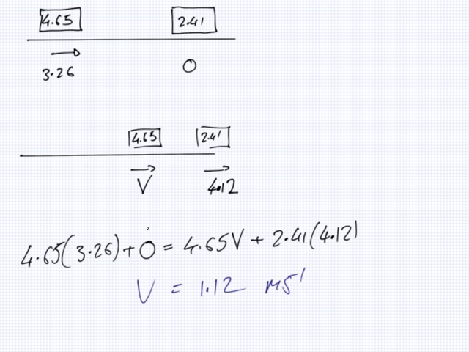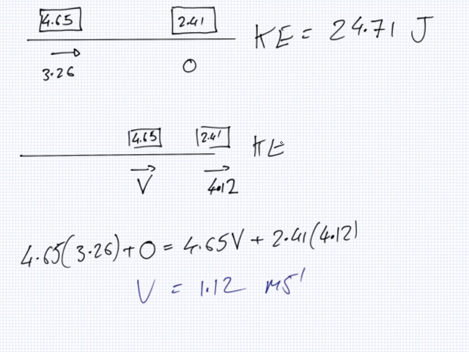The next part is how much kinetic energy is lost. So we'll calculate the kinetic energy here. A half m v squared. So the kinetic energy here is 24.71 joules.